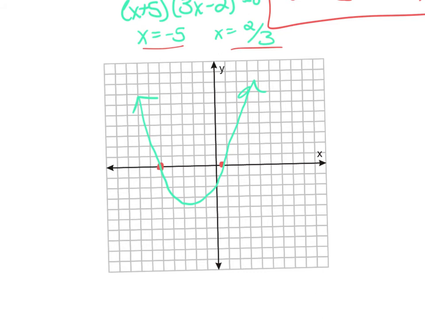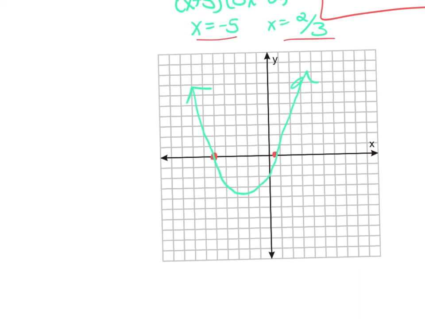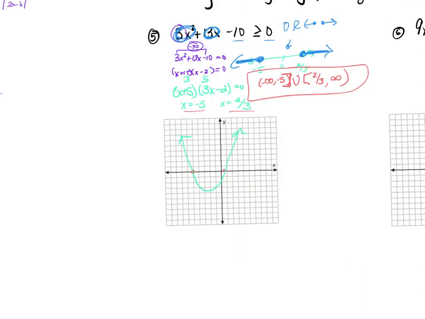Now, when you talk about shading, where this matters, my inequality says 3x squared plus 13x minus 10 is greater than or equal to 0. So you would tell me that the part of the graph that matters is the top part, above the x-axis. When it's greater than, you shade above the x-axis. So somehow, when you graph this, you need to tell me, hey, this is the part I'm talking about. I'll explain to you why that is graphically in a second.